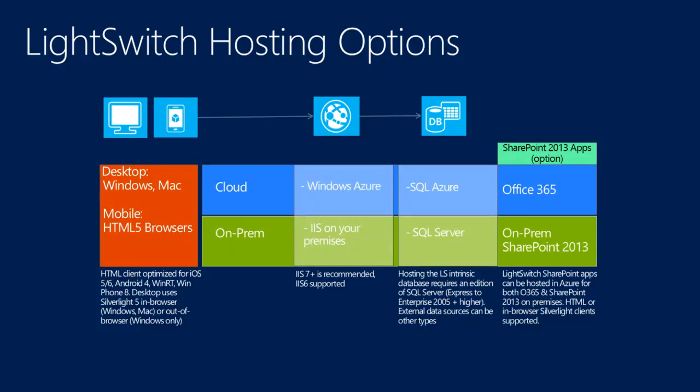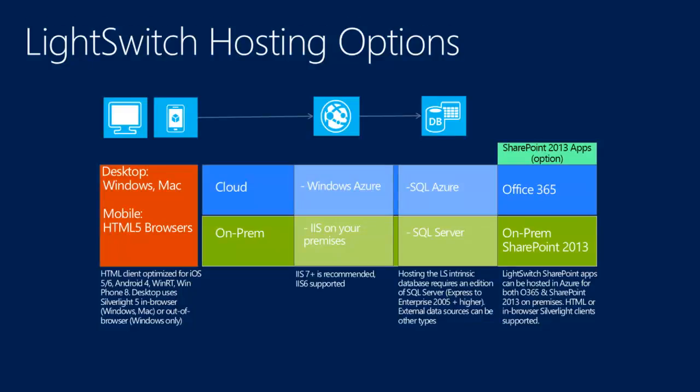And on the client side, depending on what you pick, if you're doing a desktop application, that's a Silverlight 5 app that will run on Windows or Mac. You can have an out-of-browser or Windows if you need to work with COM or legacy, or maybe a scanner or a printer or that kind of thing. Or with your mobile applications, we support HTML5 browsers. So what's the level of support for HTML5 browsers?